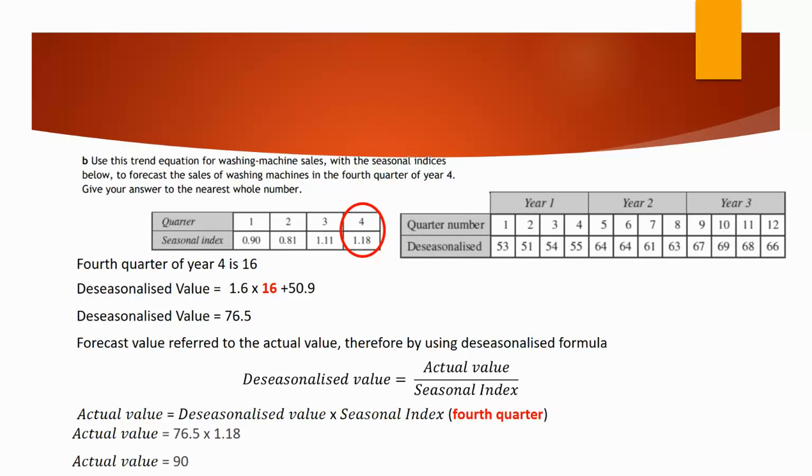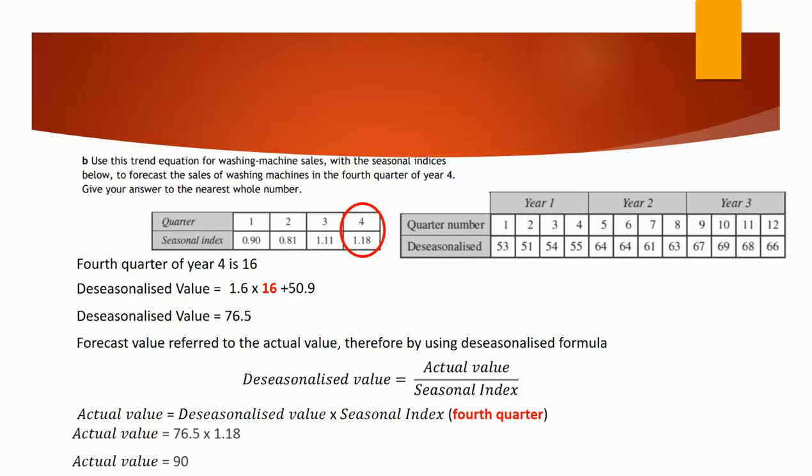If the question asks you to forecast or predict for year 6 or year 7, which is far from the actual values, then it is not reliable. Remember, for forecasting time series, previously we saw whether the value is inside the range or not in the range.